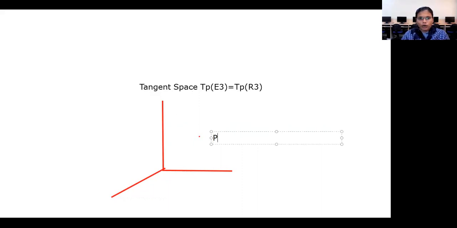Okay. So how many lines can I draw, how many tangent vectors can I draw from a point P?